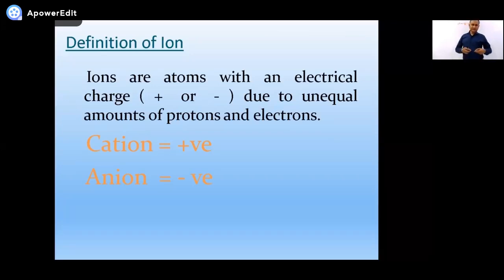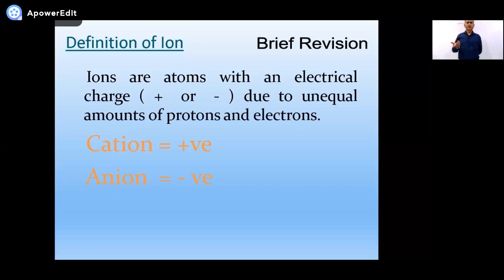So let's start. This is revision, as I told you. We know that in a normal atom, a neutral atom, the number of electrons and the number of protons are equal.